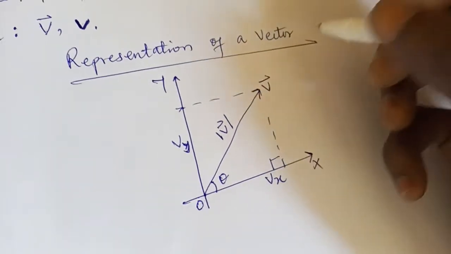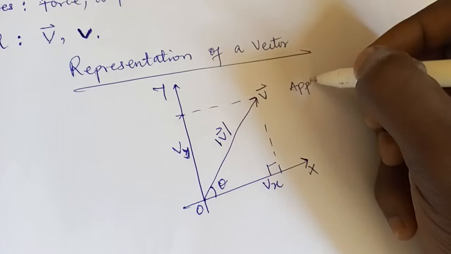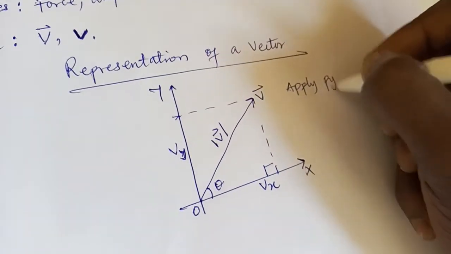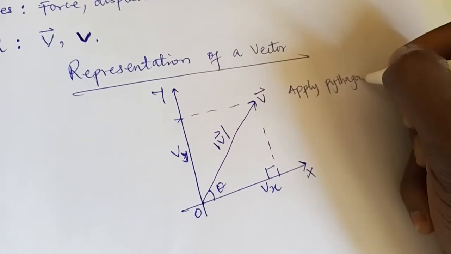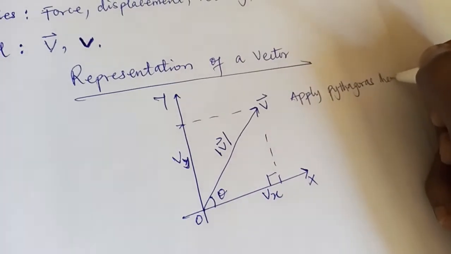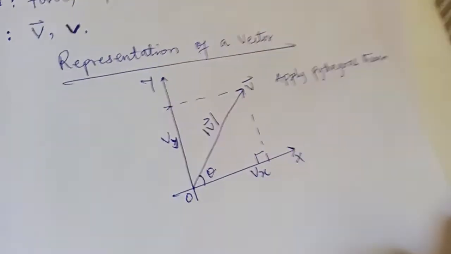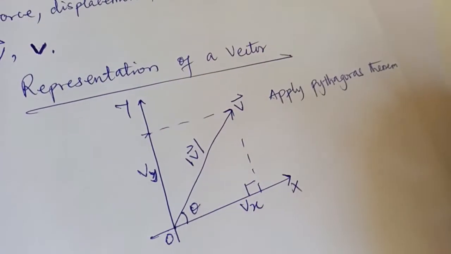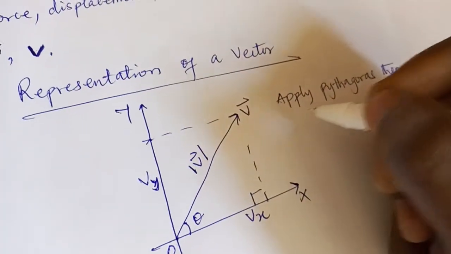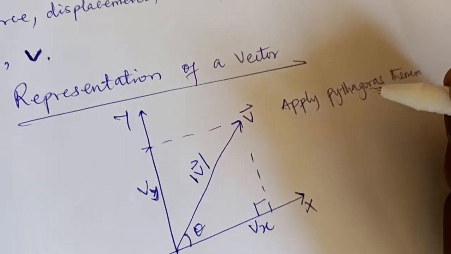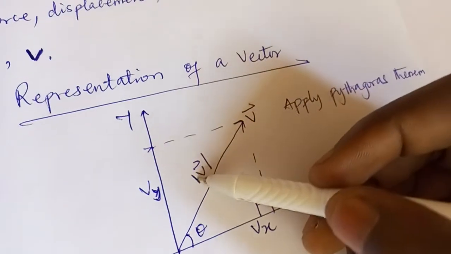On a right angle triangle we can apply Pythagoras theorem, which says hypotenuse squared is equal to opposite squared plus adjacent squared. And here is the hypotenuse.